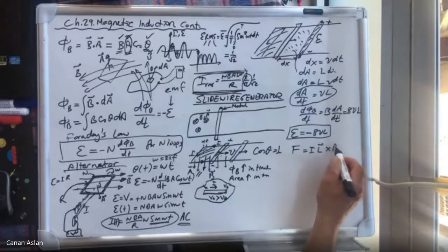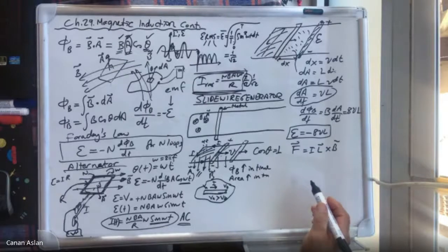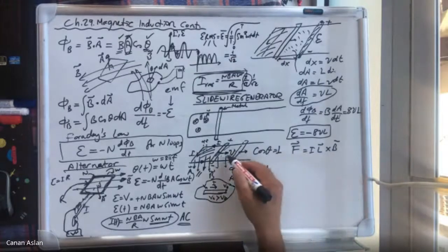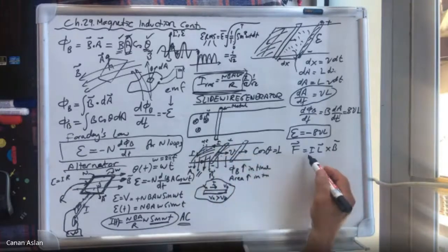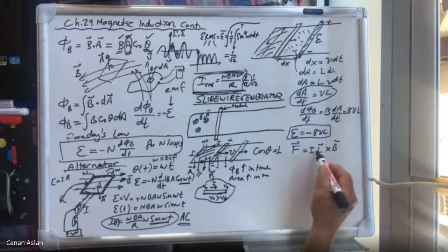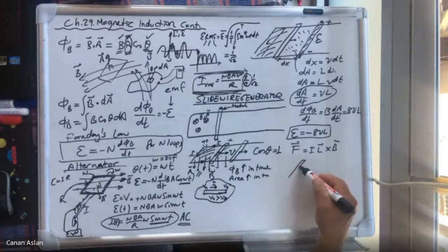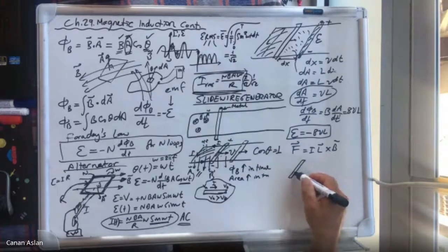Okay, and remember that it was given by that. So if there is a wire which is moving, now the wire is moving to the right, but the current is also passing through this wire. But if the current is passing through and there is a magnetic field, then there is a force on the wire. So the wire is there and the current is passing here, and there is a magnetic field downward in our case.